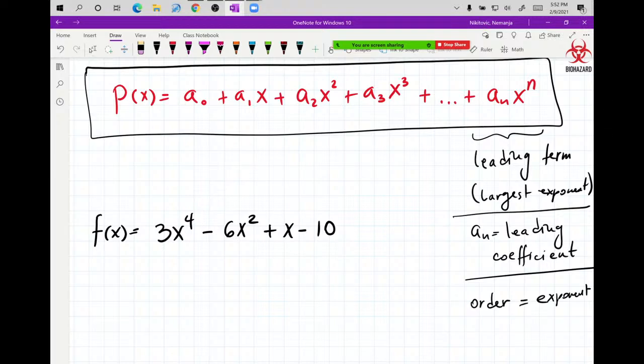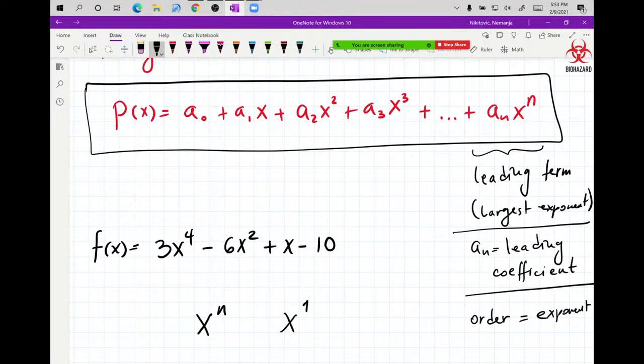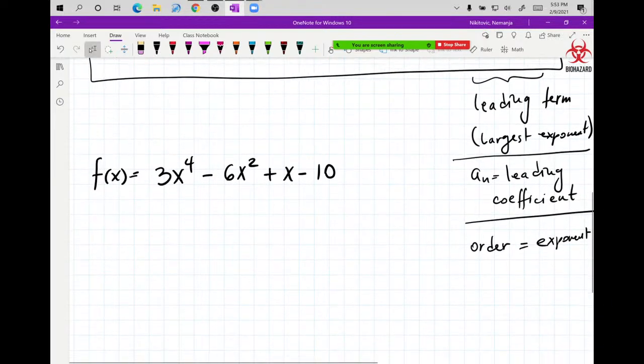So when you have this polynomial, it's very important for each one of these variable terms, right, to have x to the n. So we have x to the 4, x squared, and x to the first power, right? So this x is actually raised to the first power. We don't write it, but that's what it is. So now, what do I know about this? What do I know immediately about this polynomial?